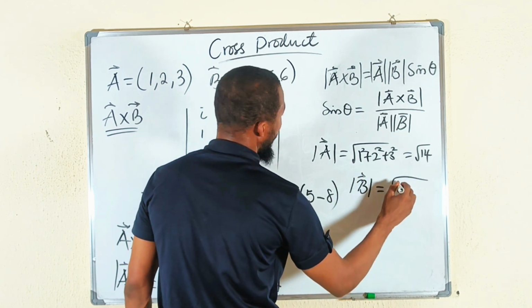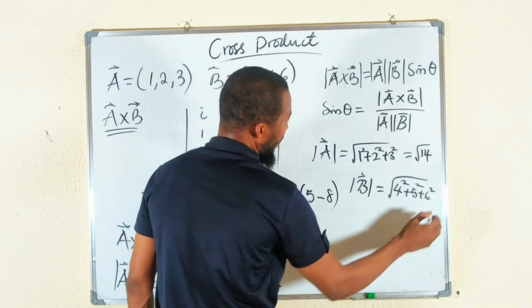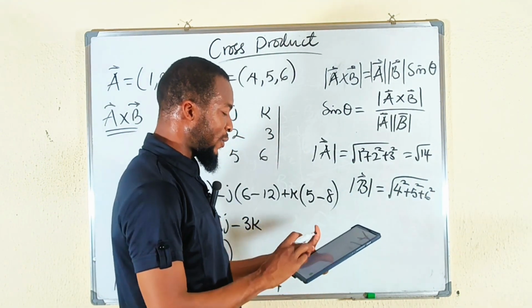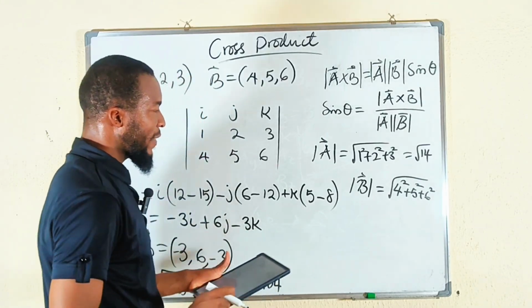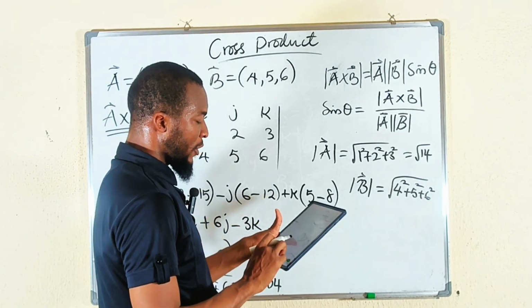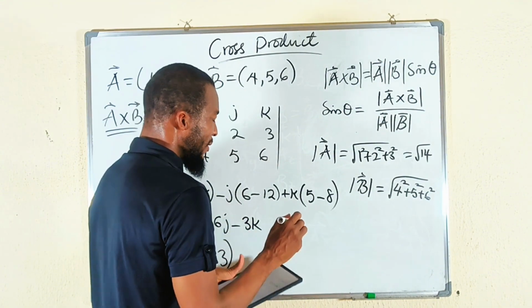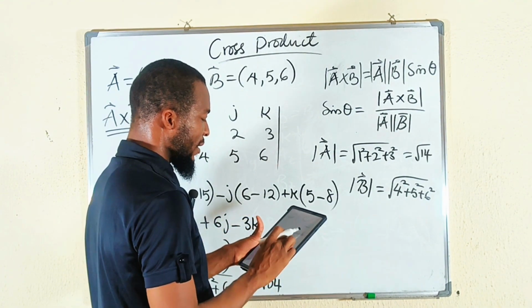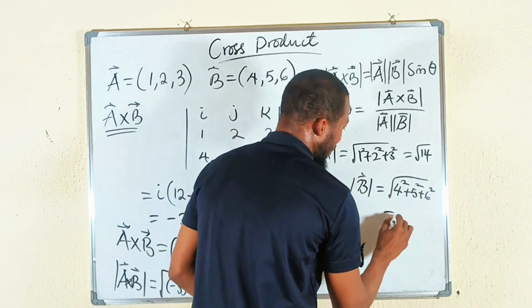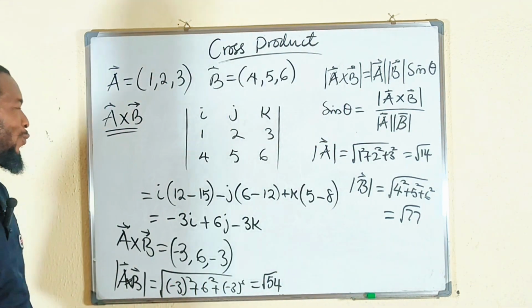Square root of 4 squared, 5 squared, 6 squared. 4 squared is 16, 6 squared is 36, and 5 squared is 25. So we have 16 plus 25 plus 36. This is 77, I made a mistake. So this is square root of 77.